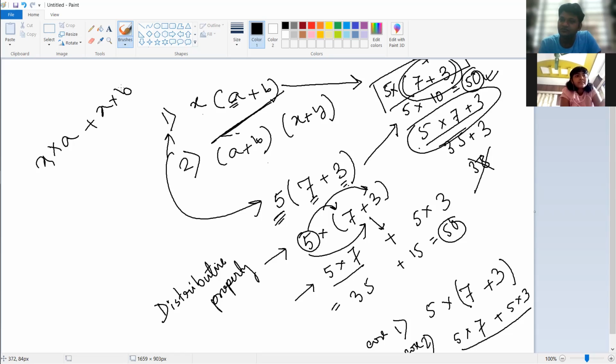In a similar way, the second one will also work. Suppose x is 5 and y is 7.